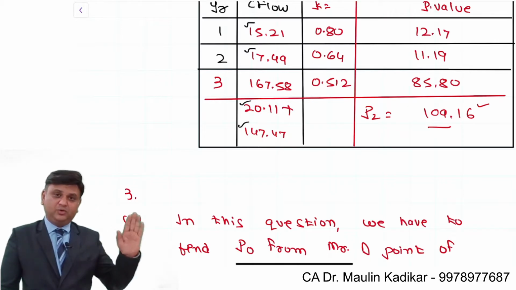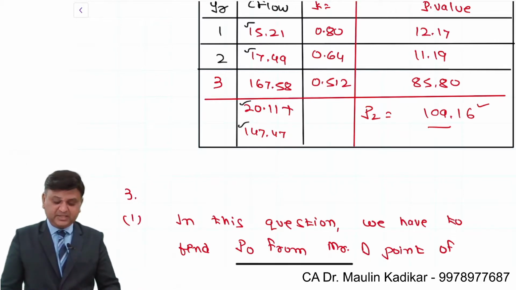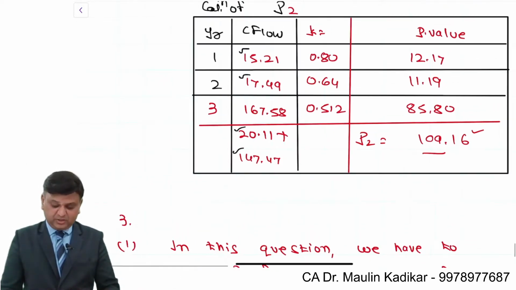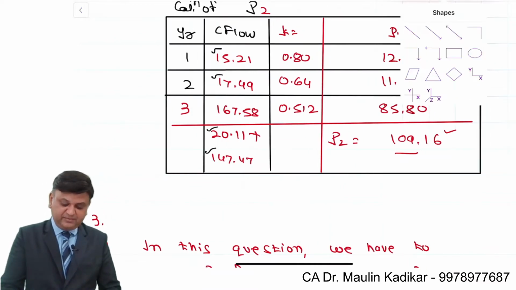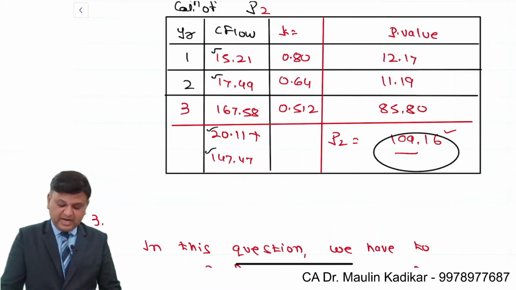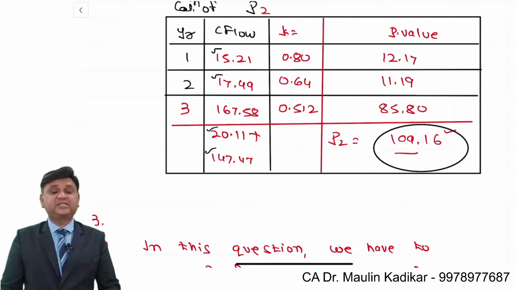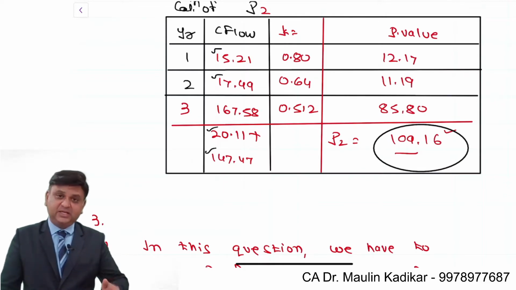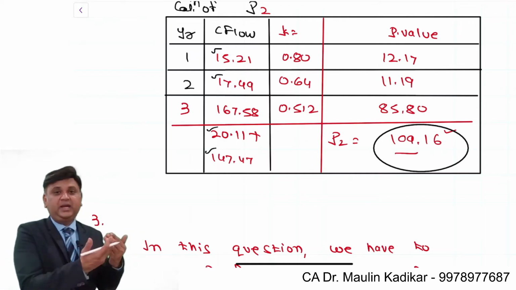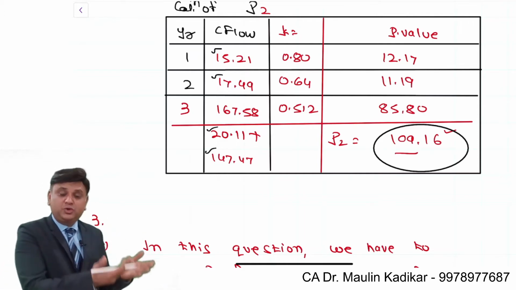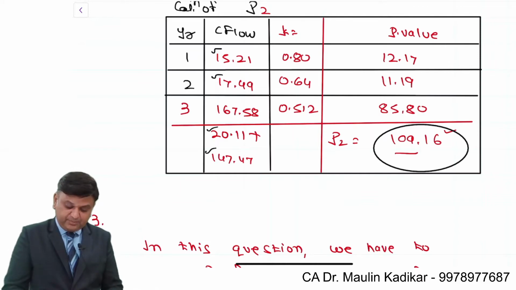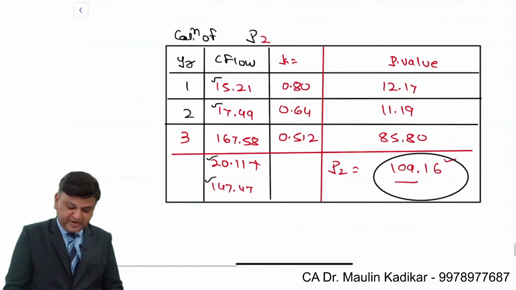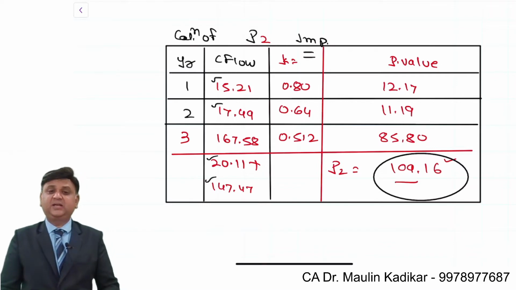Whatever this amount that I am going to receive in future, the same is discounted in present value term, and with that we will make the calculation of the P2, and that is 109.16. And this is the price that he will be ready to pay based on what he is going to receive. Importantly friends, over here the factor is required to be applied for the first year, second year and third year.